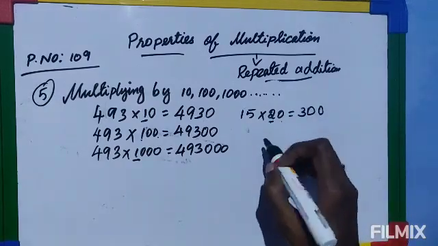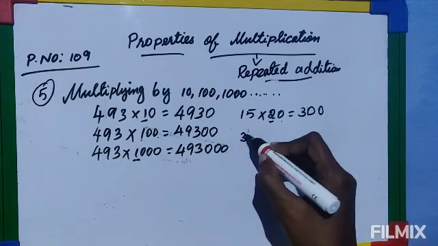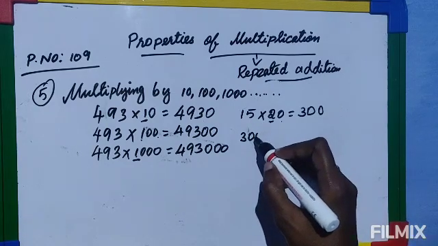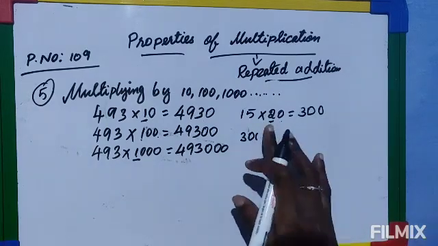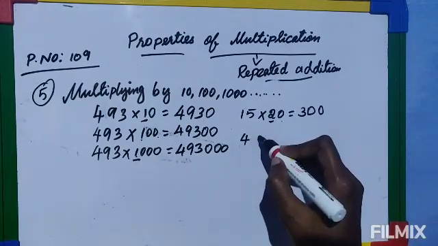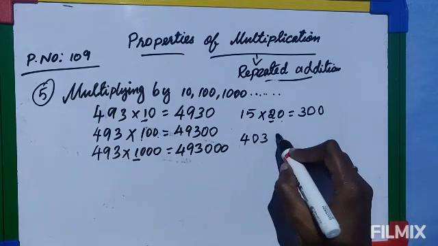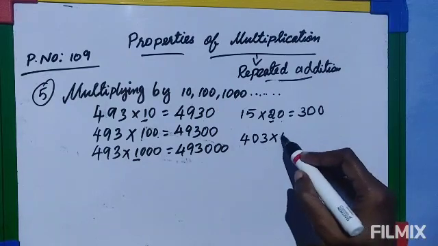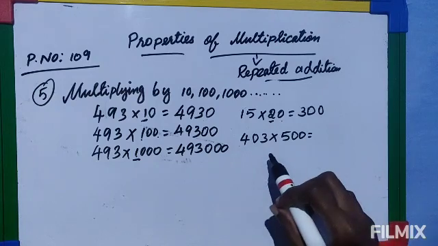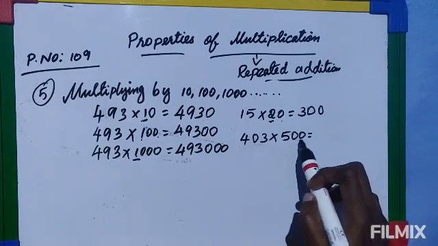Same way, suppose a number is given like this. Here ignore the 0. This 0 is in between, so you cannot ignore it, only the ones at the back.